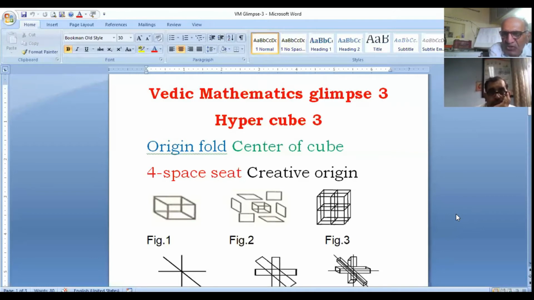5 space is Lord Shiva's space. And Lord Shiva is having 5 heads. Each head of Lord Shiva is having 3 eyes.